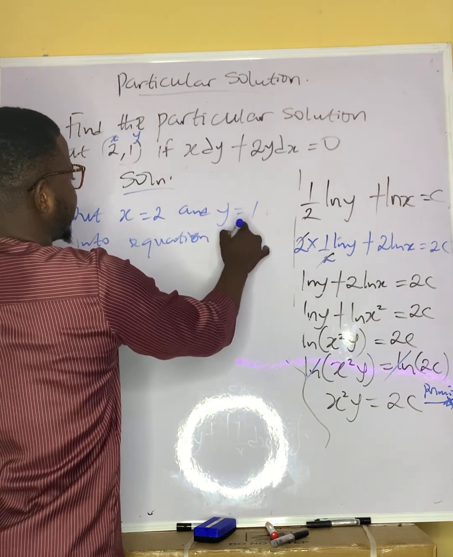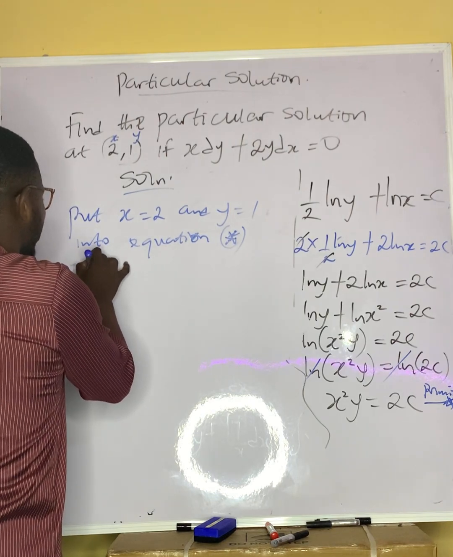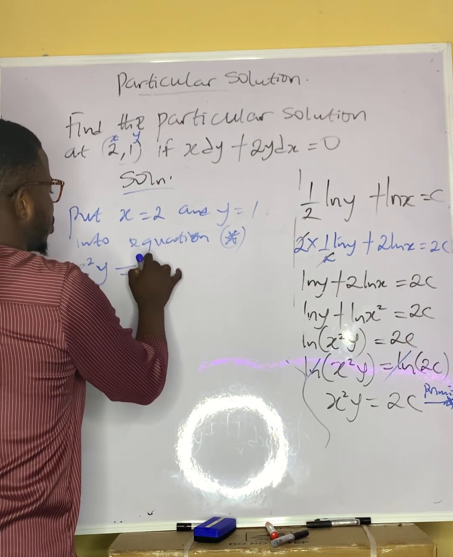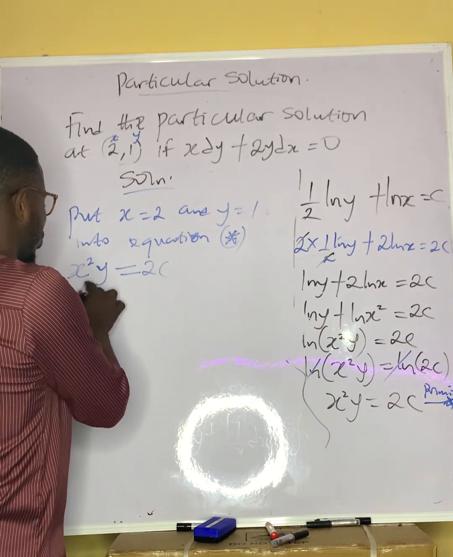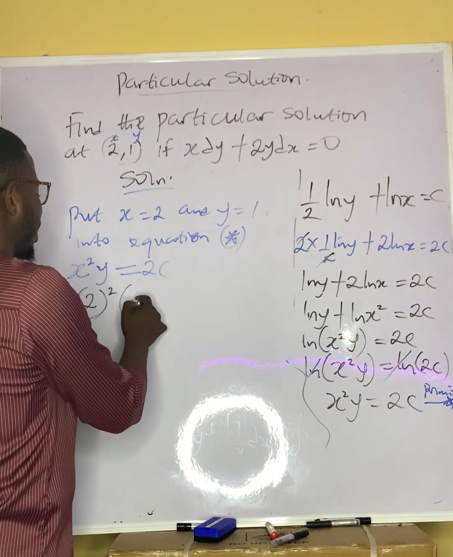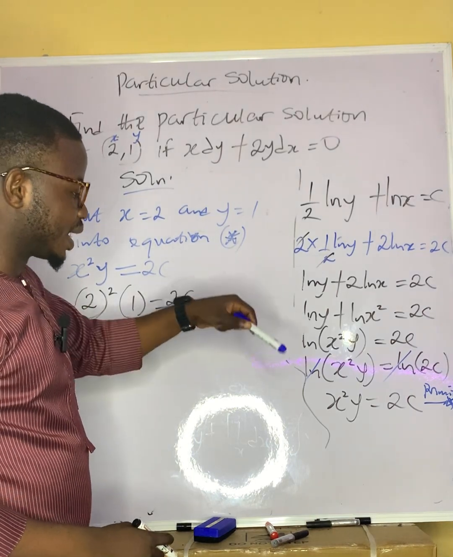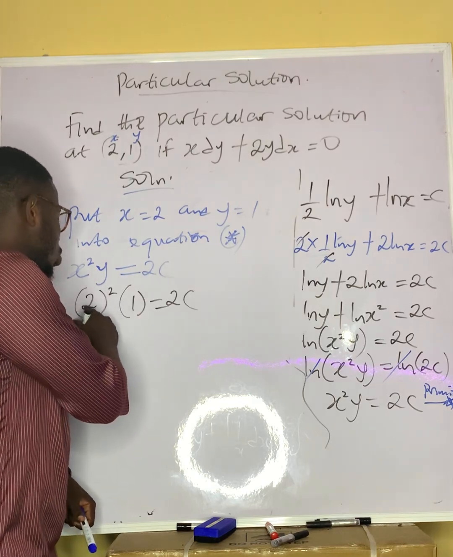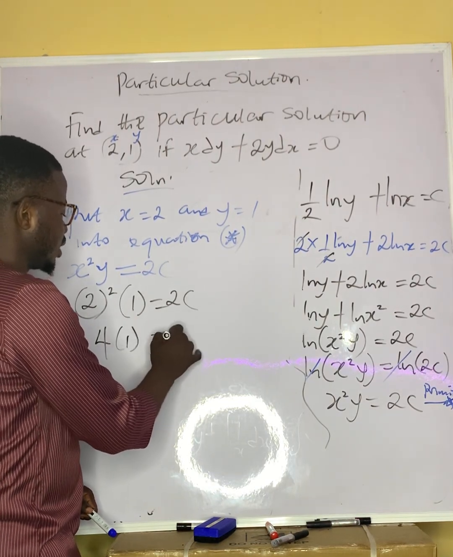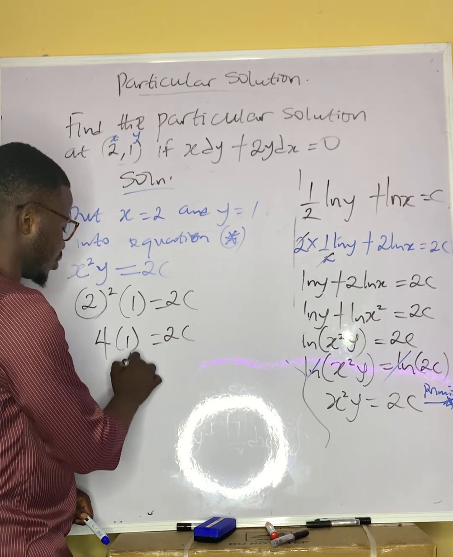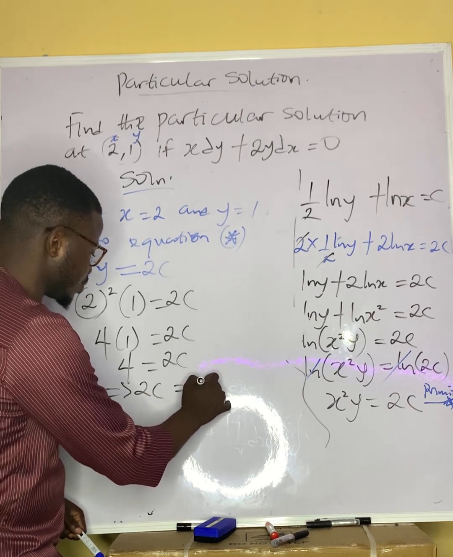From equation star, we have x squared y equals to 2c. So it simply means 2 in bracket raised to power of 2, the value of y is 1, equals to 2c. We want to obtain the value of c so that we can get the particular solution. 2 raised to power of 2 is 2 times 2, that gives us 4 times 1, equals 2c. So this gives us 4 equals to 2c, which implies that 2c is equal to 4.